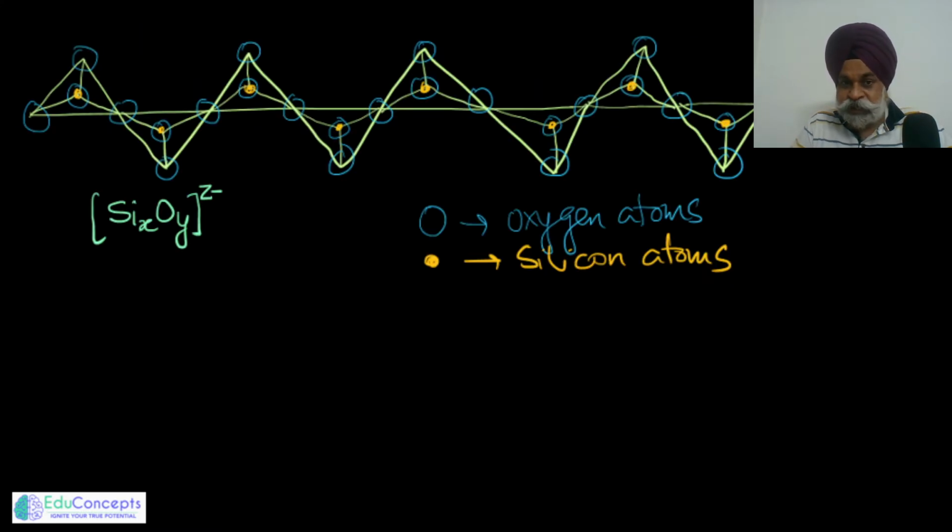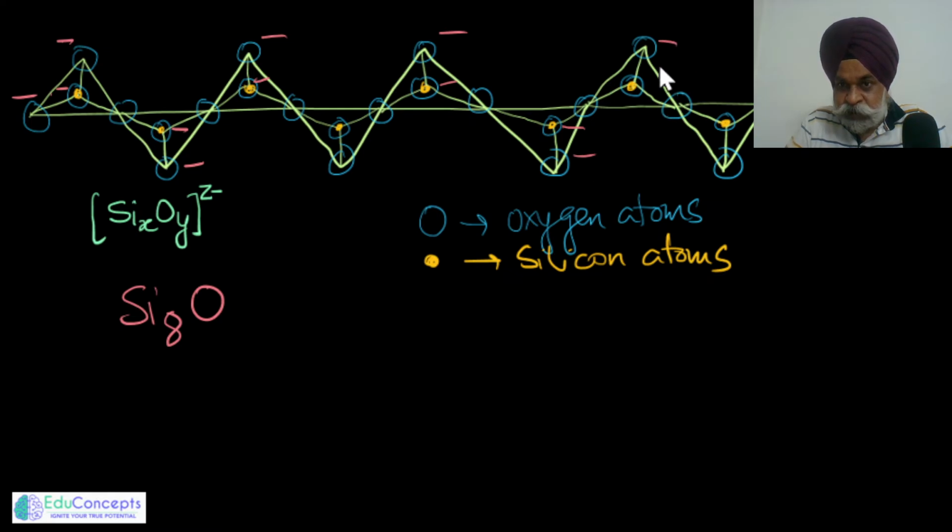So first you have to see what exactly it is. So it is Si8. How many are the oxygens? If I would keep on writing the negative charges along with them, these are the negatives. Am I right or not? These are the negative ones.